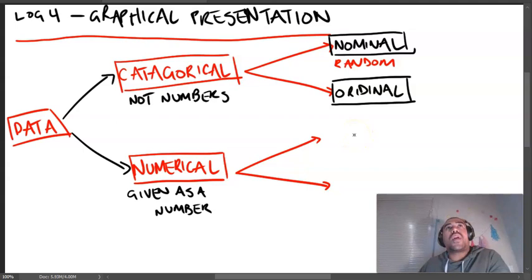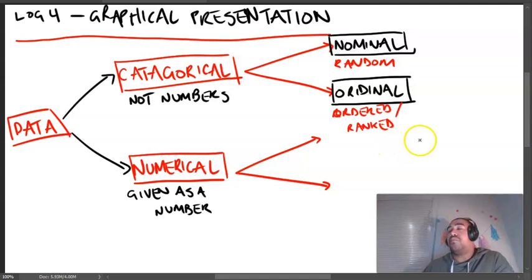Yes, you can rank AFL teams based on a ladder of some sort, but that has nothing to do with an actual survey itself. Whereas with ordinal, if you have ordinal information, this can be ordered or ranked in some measured way.